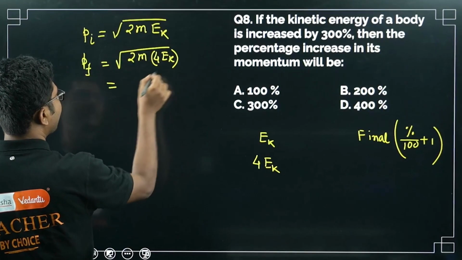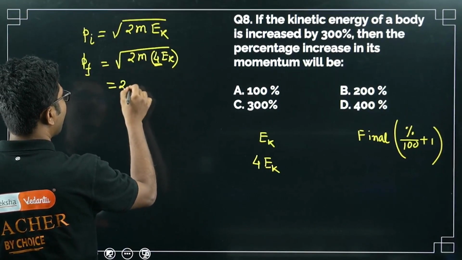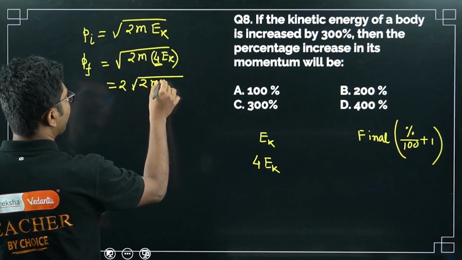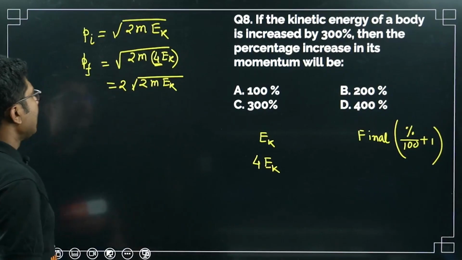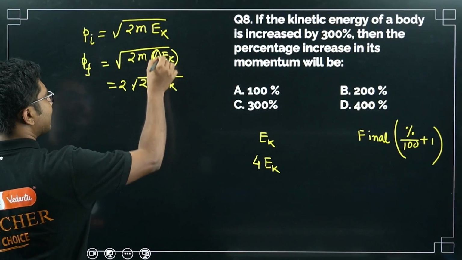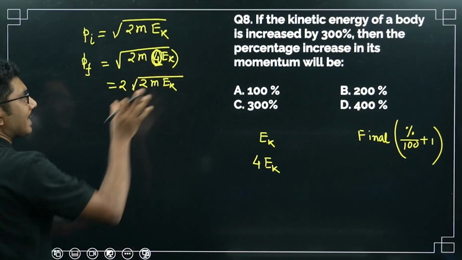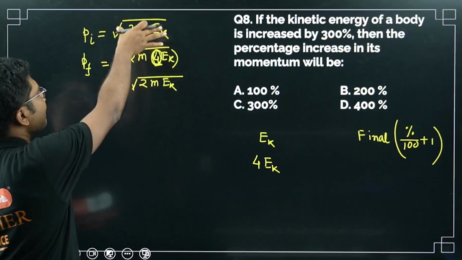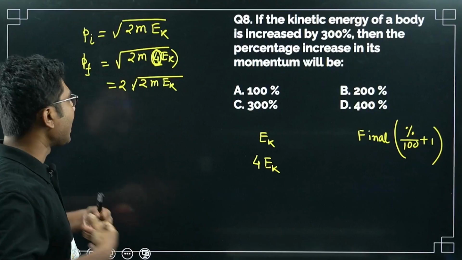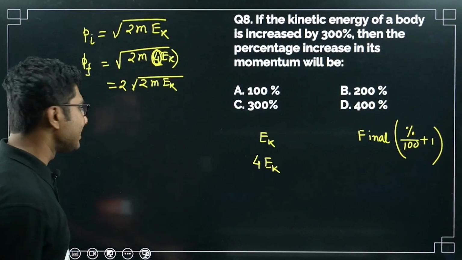Or we can take this 4 out and write 2 times square root of 2m Ek. This is the final momentum. So basically we have only taken this 4 outside. The rest of the terms we kept inside because it is very similar to that of Pi. So when you are doing the steps, you have to understand why we are doing this in such a way.